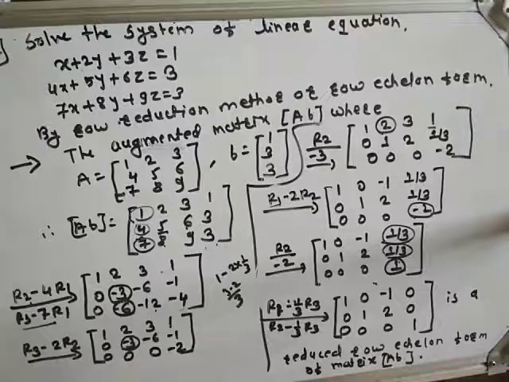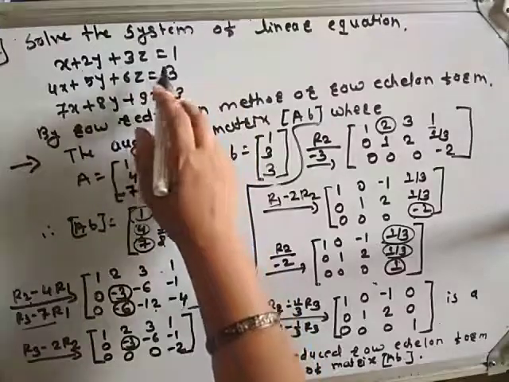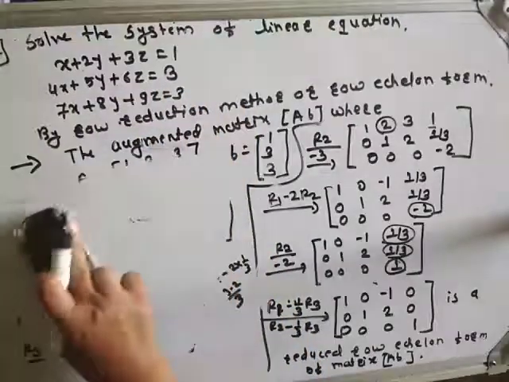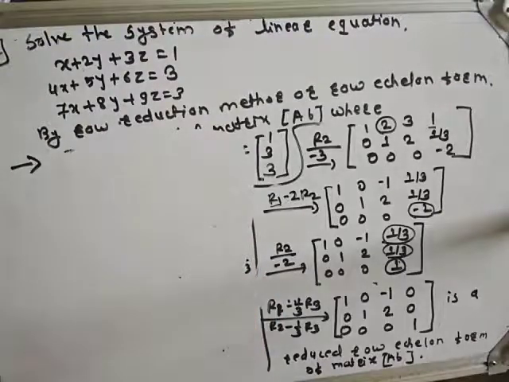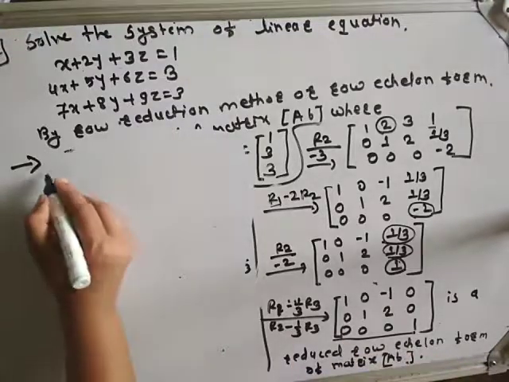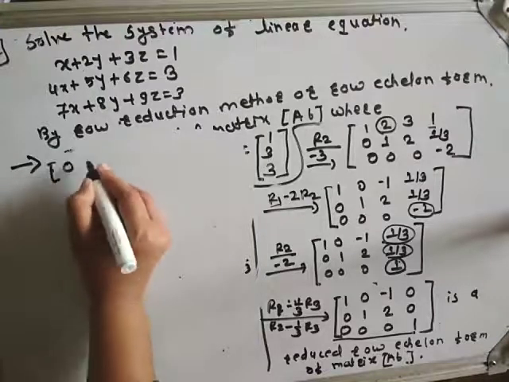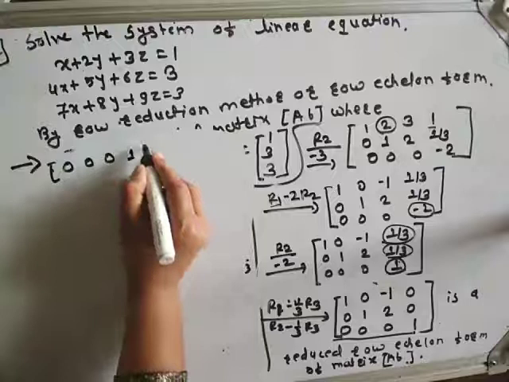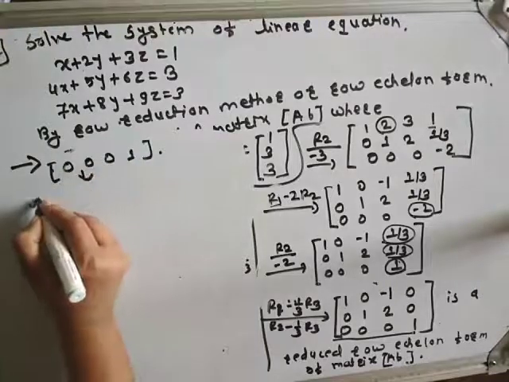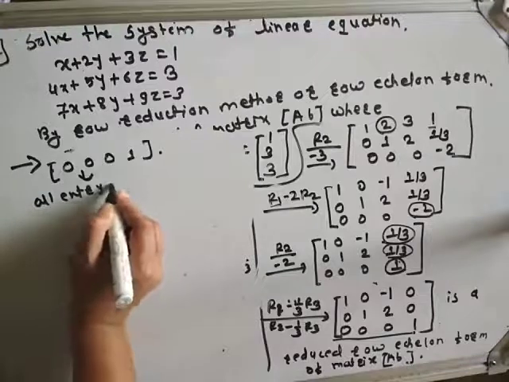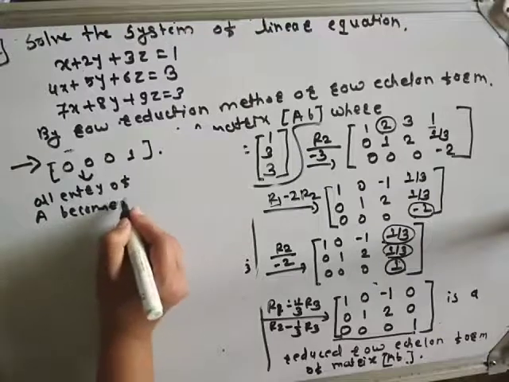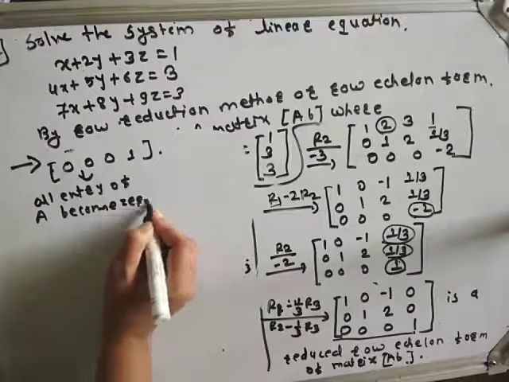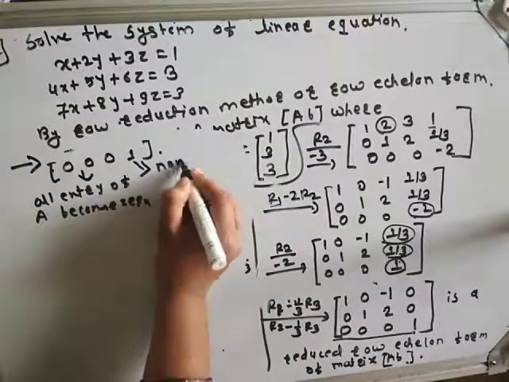We have to find the solution of this system. Here observe the last row. What do we get? See here, the last row is 0, 0, 0, 1. All entries of A become 0 and the last entry is non-zero.